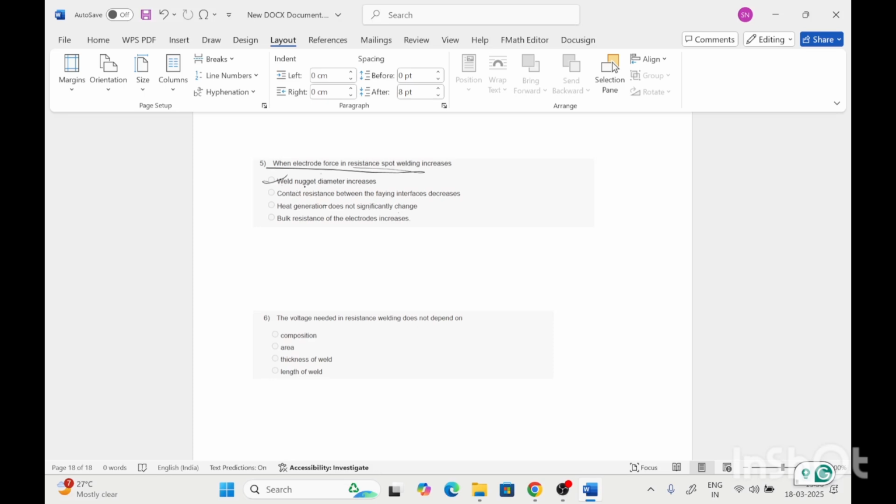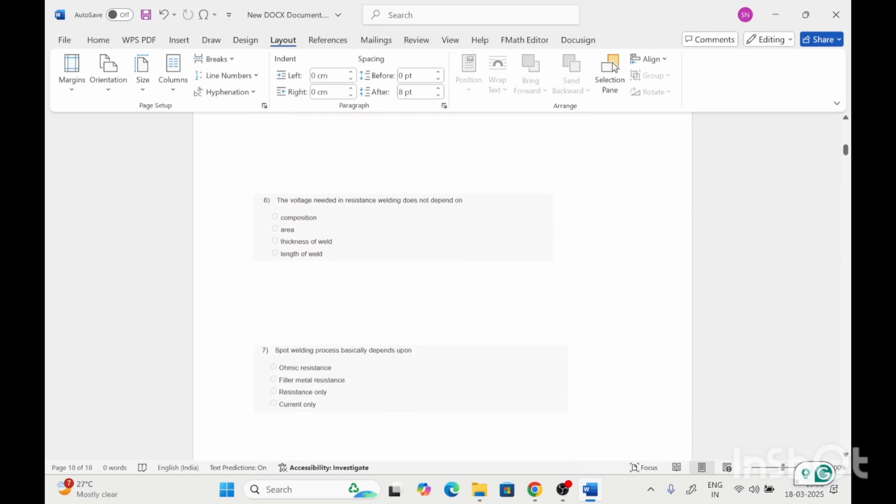But the first option is more correct. This is also correct, but it is not the correct answer. We cannot give two. Okay. So next question is the voltage needed in resistance welding does not depend on.